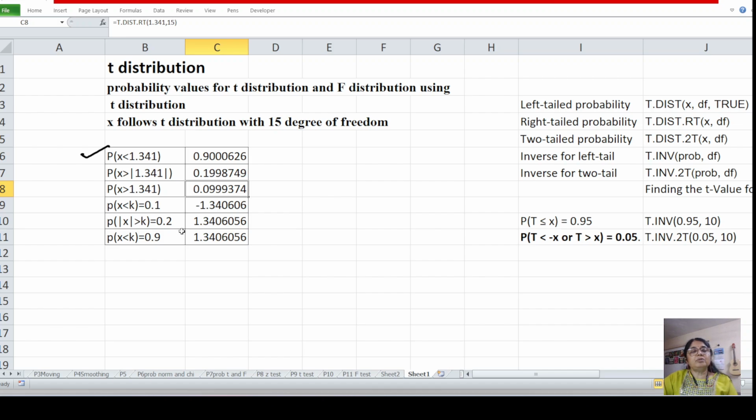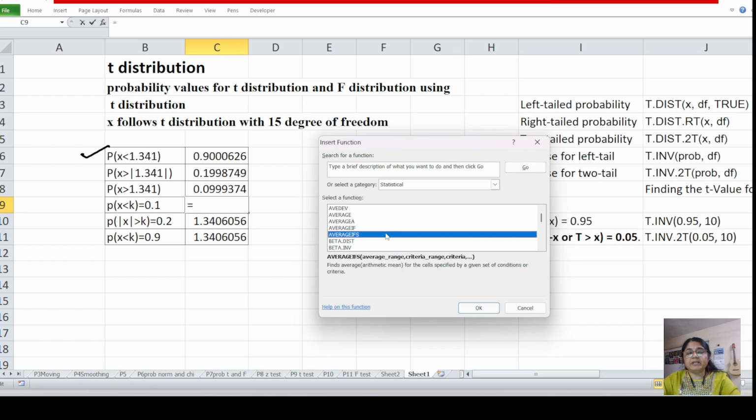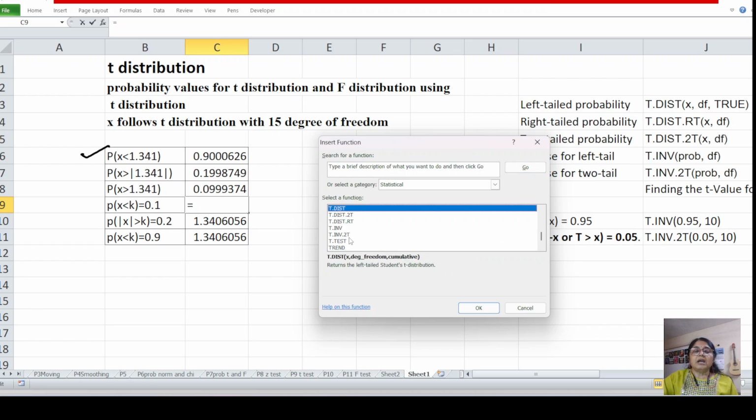Now we will find the value of k when the degrees of freedom is 15 and the probability is 0.1, right? Since the probability is less than 0.5, obviously the point will lie to the left side of zero. So the value will come negative, that we know. When you want to find the inverse probability, we will write t, and then inverse: inverse t, inverse 2t and inverse right t.